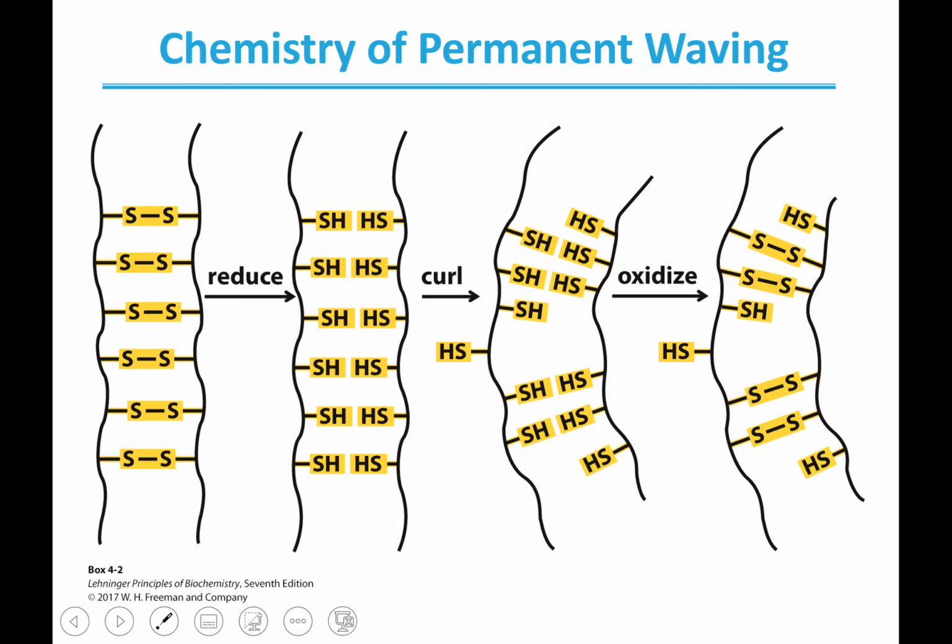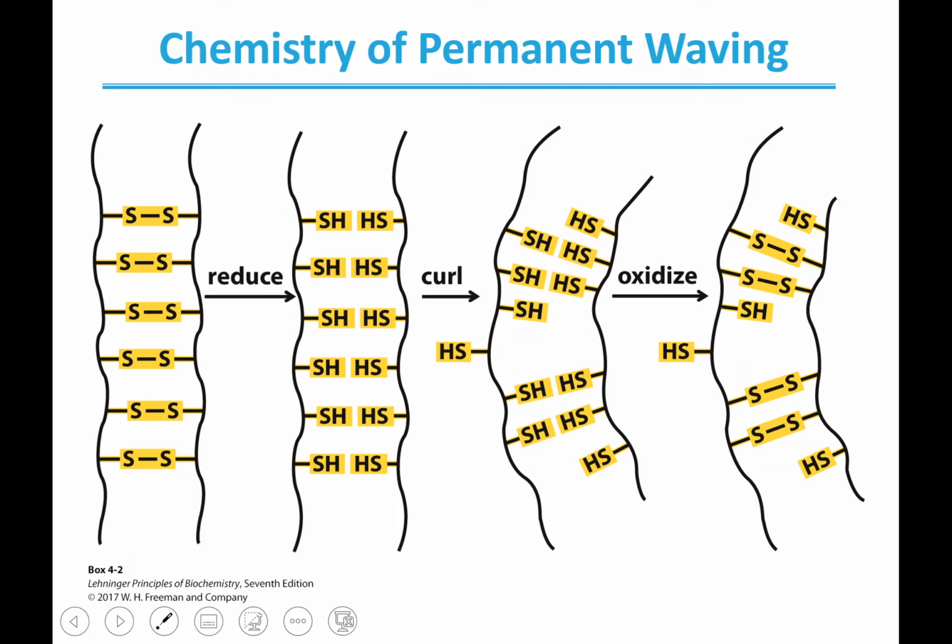What you do in a perm is you first have a chemical that reduces the disulfide bonds. As we start here on the left side, this is what we would refer to as the oxidized form of a disulfide bond, that's when there is a disulfide bond between two cysteines. So that's its oxidative state.